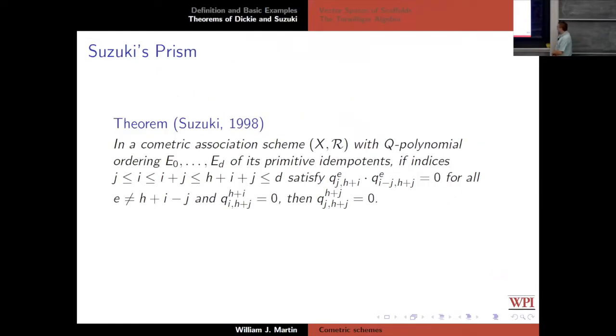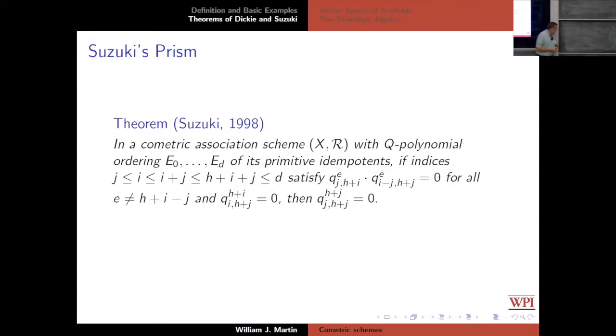So here's the theorem that I want to focus on today. And these hypotheses seem kind of complicated. So assume that we have a cometric association scheme, and assume that all of the labels I'm going to use, up to H plus I plus J, all of those things make sense. They're inside the range 0 to D. Okay, so everything I'm going to write down is between 0 and D. And here's the hypothesis that we're going to use.